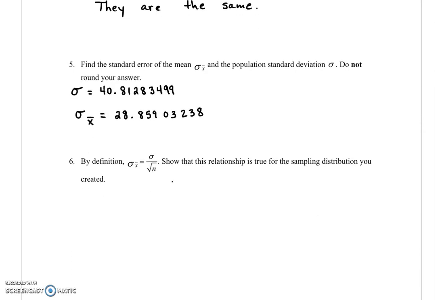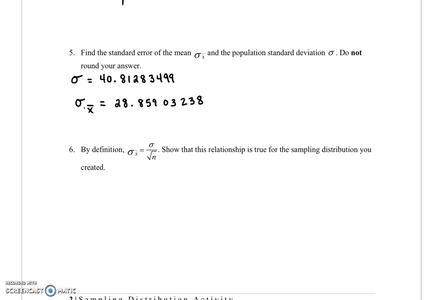By definition, the standard error of the mean should be the population standard deviation divided by the square root of the sample size. So let's see if that's true. Our sigma sub X bar should equal 40.81283499 divided by the square root of the sample size. How big were our sample sizes? All of our samples were of size 2.